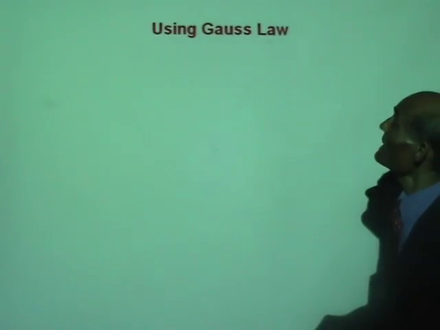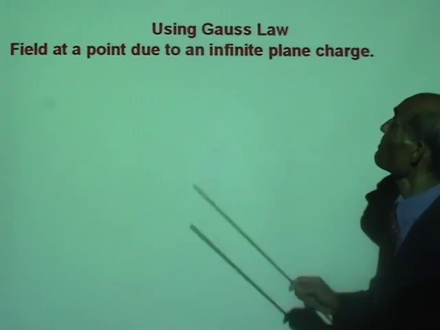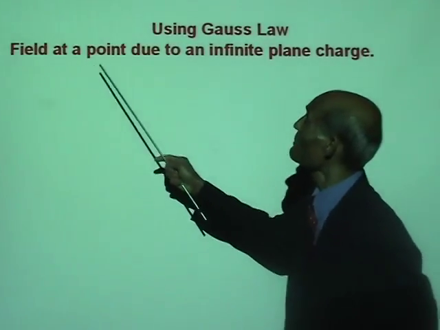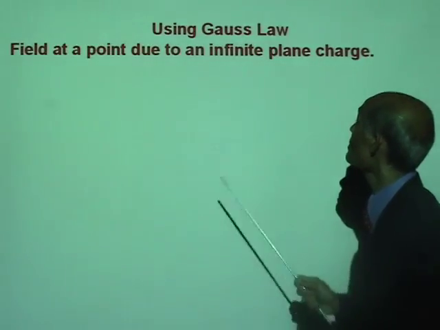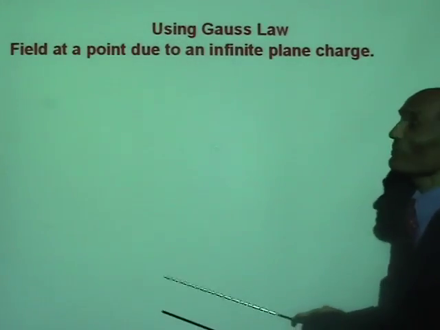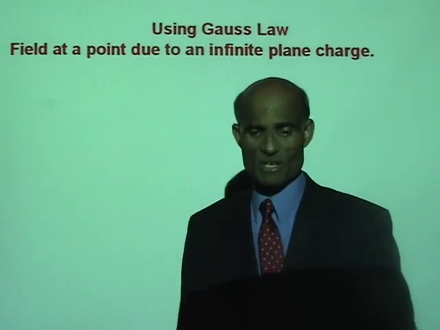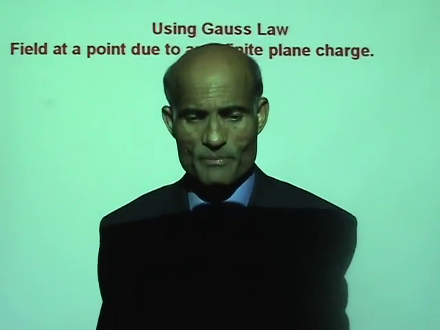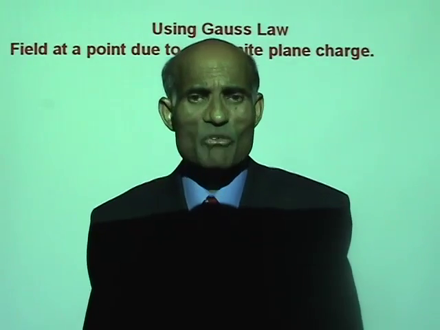Alright, let's now talk about how Gauss's law can be used to find the field at a point due to an infinite plane charge. What is an infinite plane charge? Well, I can't really show one.